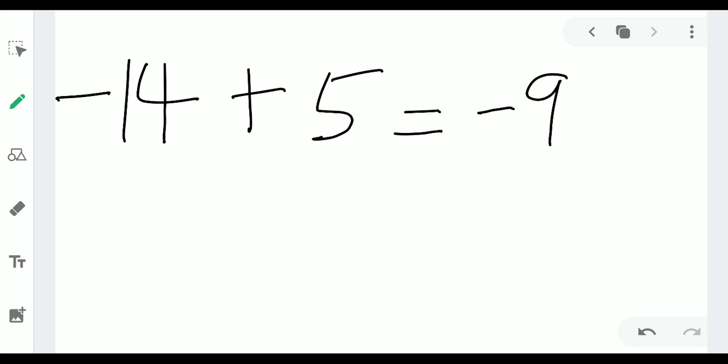So you have your negative or your positive plus another negative or positive, whichever way it is going. Always there should be a plus in the middle, but your integers can differ. The first one can be a negative or a positive.